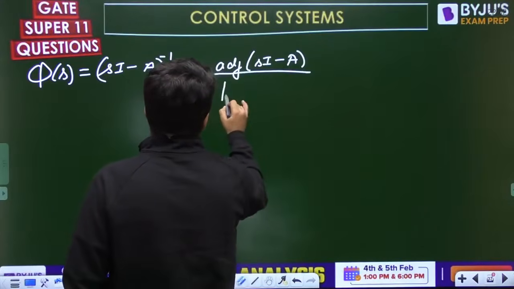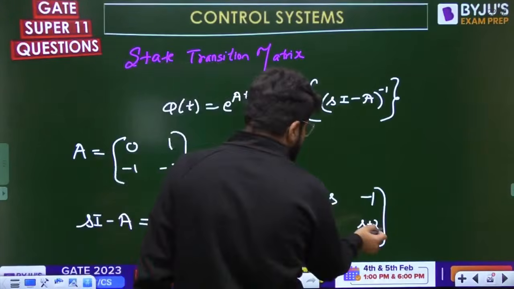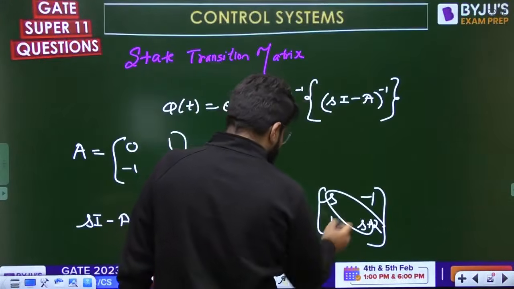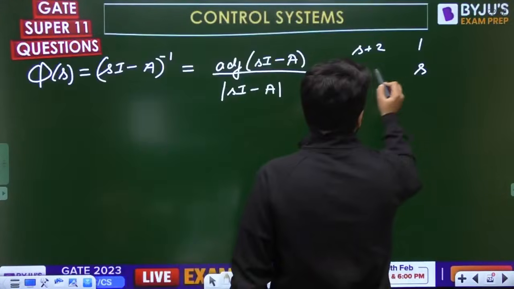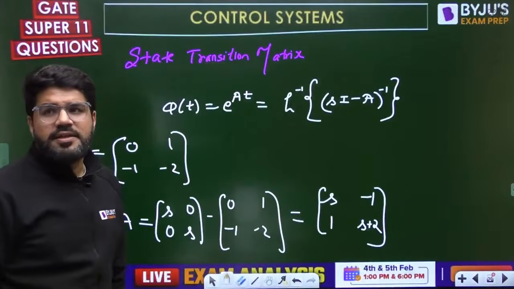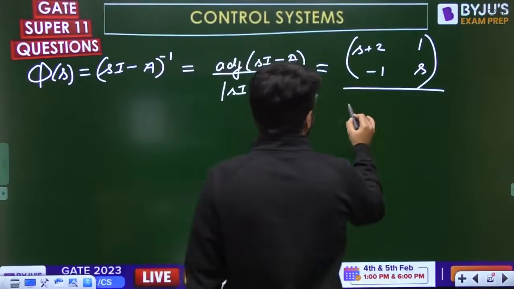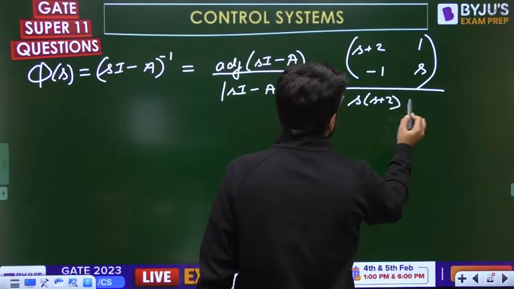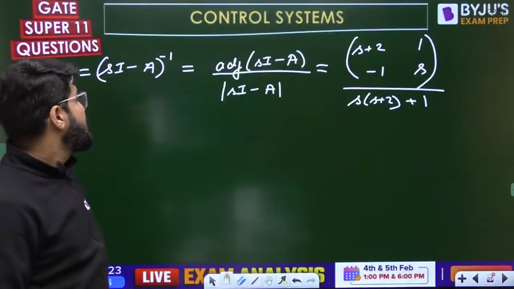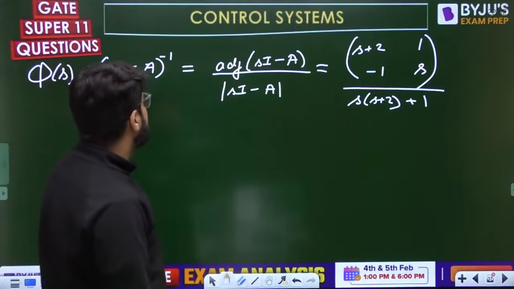For a 2 cross 2 matrix the adjoint is very simple: exchange the diagonal elements and change the sign of the remaining elements. Divided by the determinant, which is S plus 2 times S, plus 1.